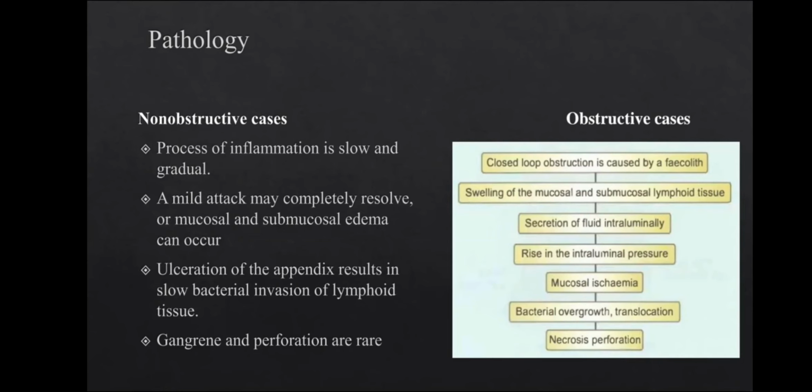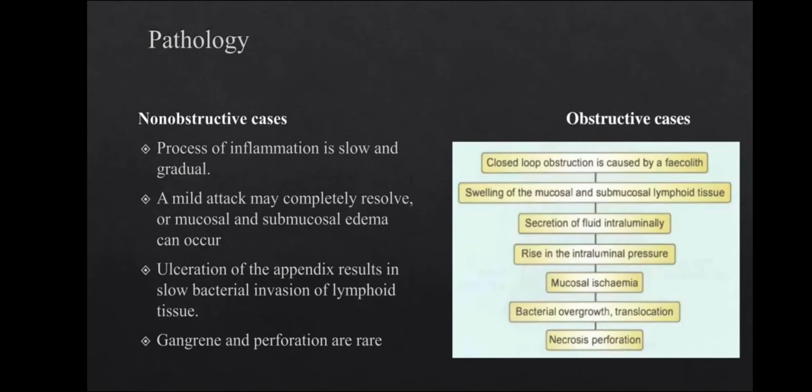In obstructive cases, because of any cause, there will be obstruction at the lumen. Inside the appendix lumen there is lymphoid tissue, which gets edematous, and there will be secretions.